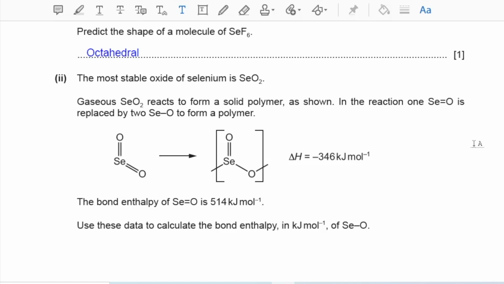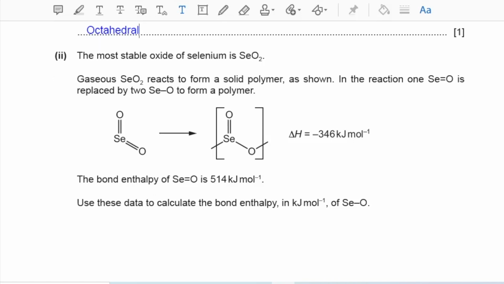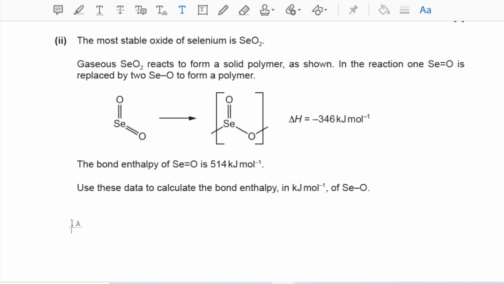Okay. So the question says that one SeO double bond is getting replaced by two SeO single bonds to form a polymer, and the energy change has already been given to you, which is minus 346 kilojoules per mole. So I'll be writing positive 514.